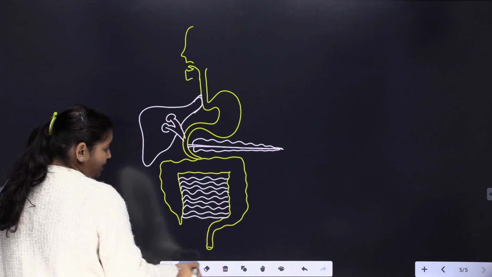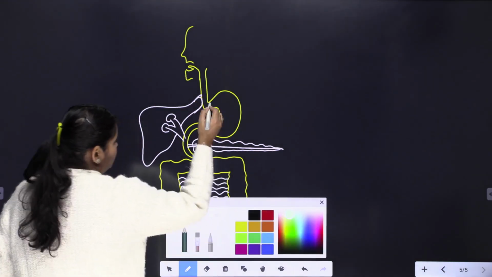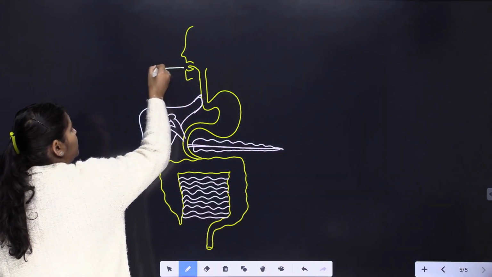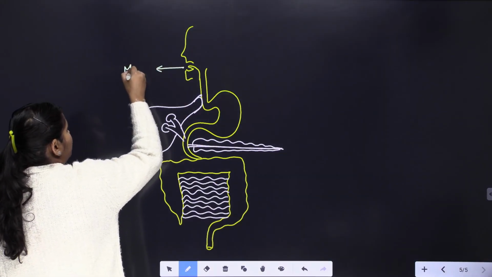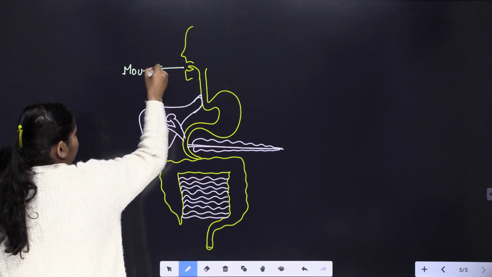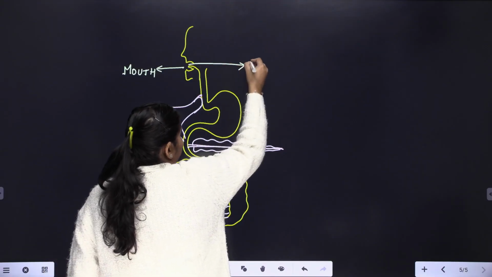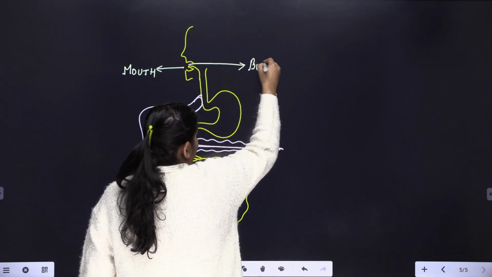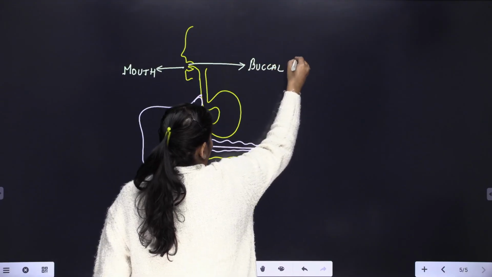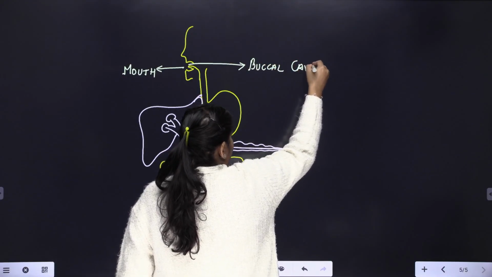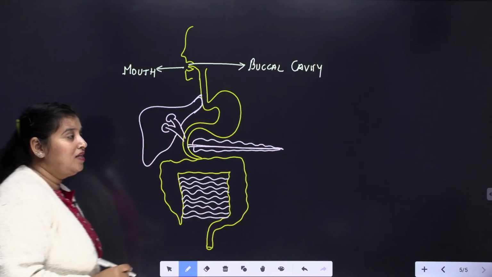So if I label, this opening is called the mouth. All right. Then this space that you enter is the buccal cavity. All right.